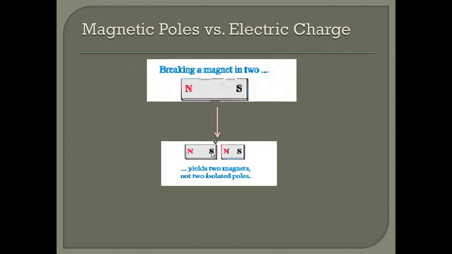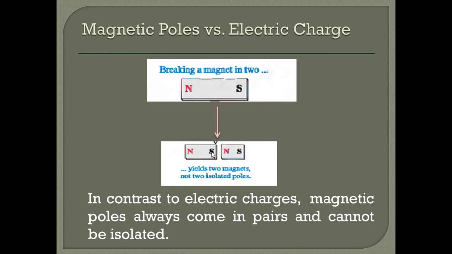If you continue this process of breaking the magnets further, the resulting piece every time would be a magnet that has its own north pole and its own south pole. In contrast to electric charges, magnetic poles always come in pairs and cannot be isolated. Okay, so consider this process of continuing to break up the magnet into smaller and smaller pieces.